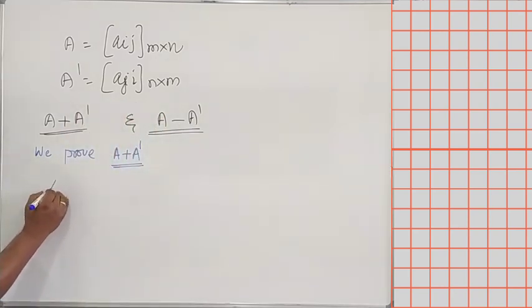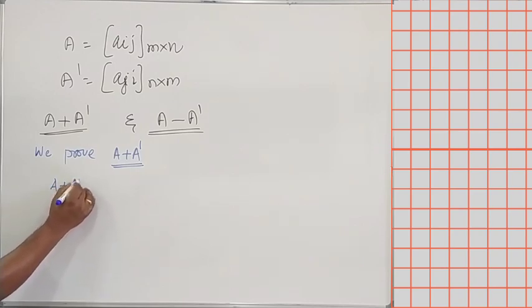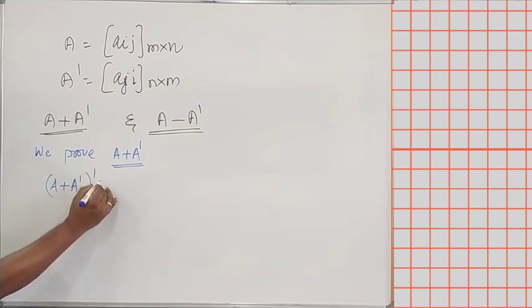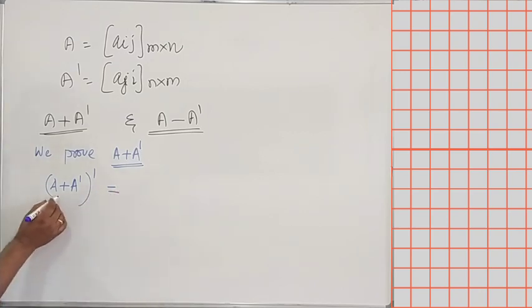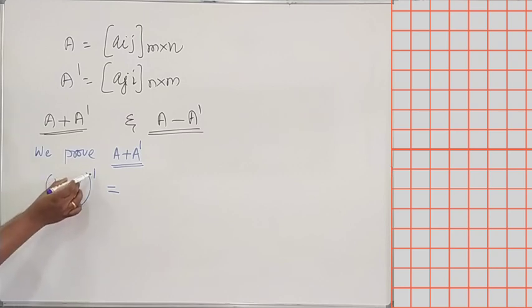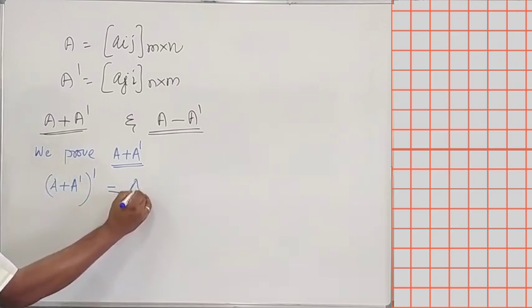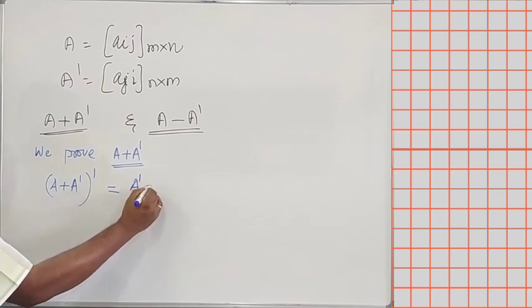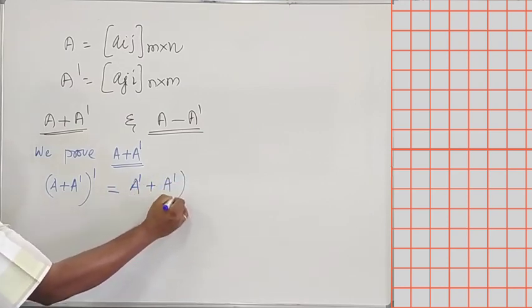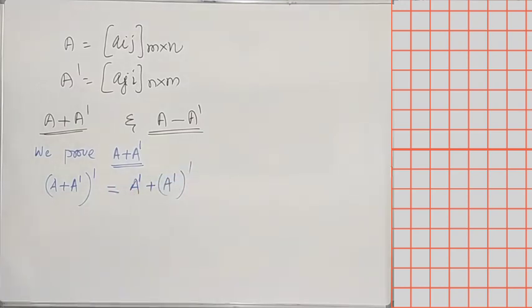Let A plus A transpose whole transpose be equal to, as per our addition formula, A plus B whole transpose is equal to A transpose plus B transpose, that is, the transpose of the first matrix plus the transpose of the second matrix. So we get A transpose plus A transpose whole transpose.